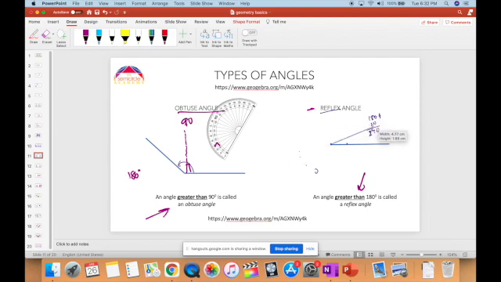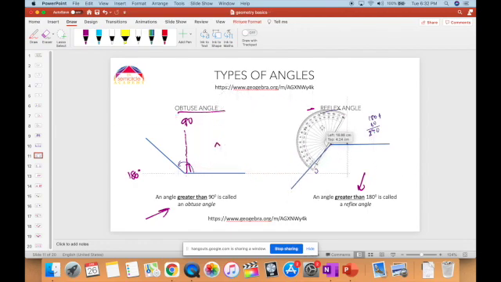So if we start here, acute, 90 degrees, obtuse, 180 degrees, and reflex, more than 180. So what I could do is I could take my protractor and measure that as 180 degrees, and then add on that amount.